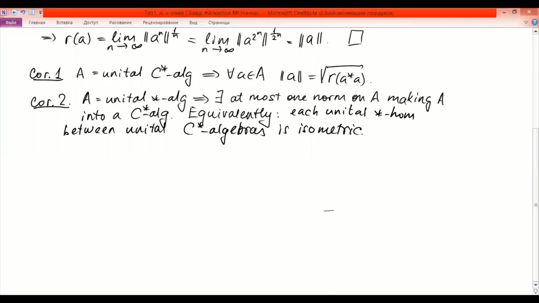Well, actually, this result can be generalized as follows. Corollary 3.